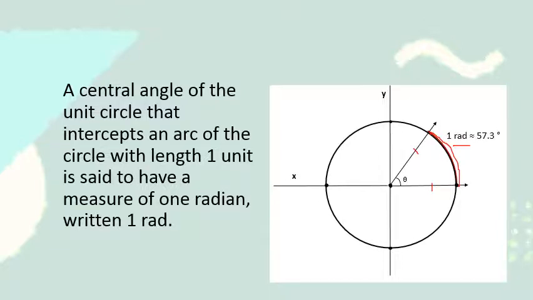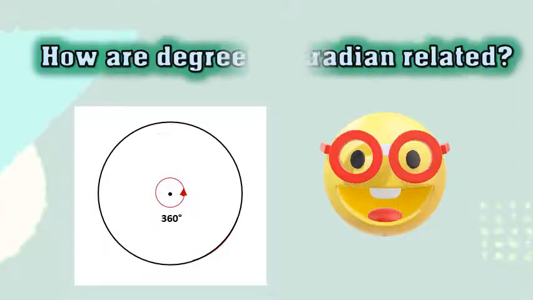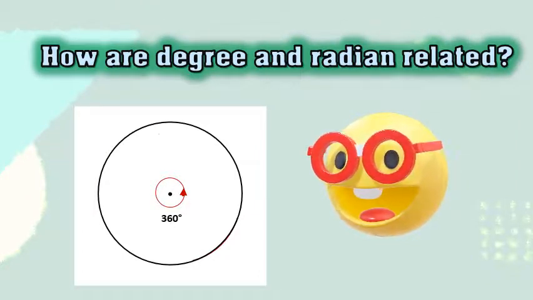The next question that we have to answer is how the central angle, or the degree and radian measures, are related. Let us imagine our head pivoting at the center of the circle.